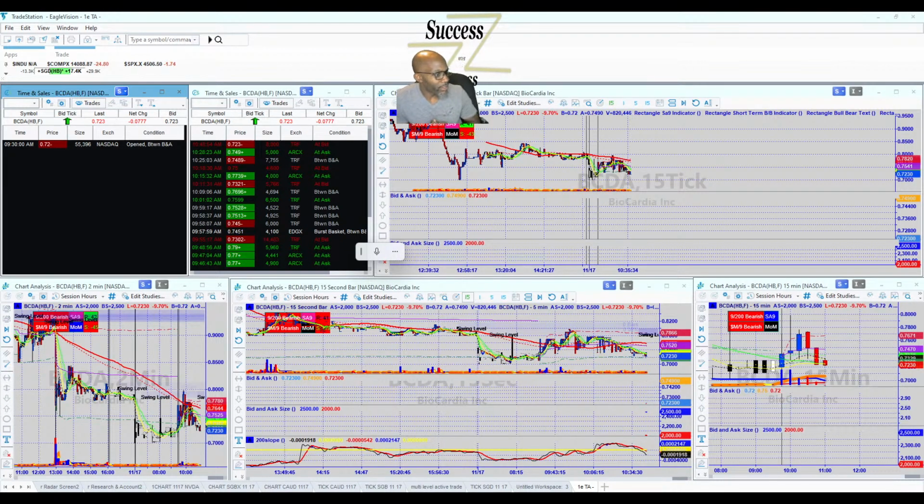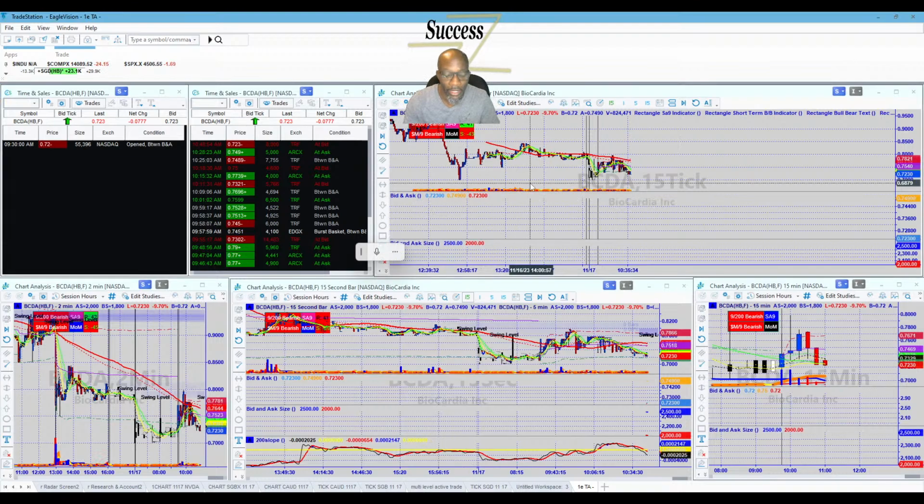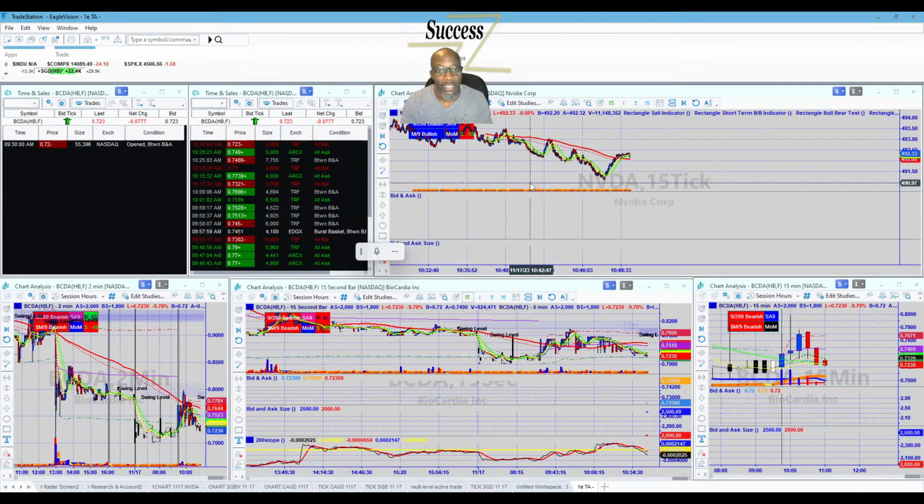There was some volume yesterday, but there were so many halts, and I guess the float was so low that you technically couldn't have that many people in positions anyway. So, anyway.